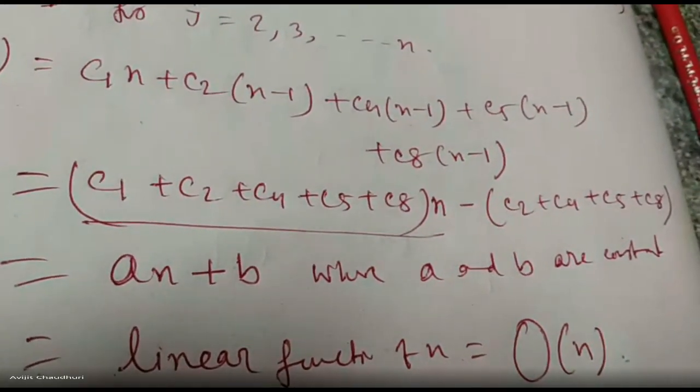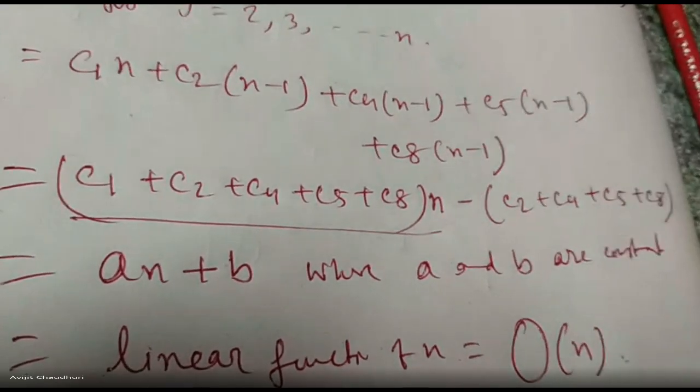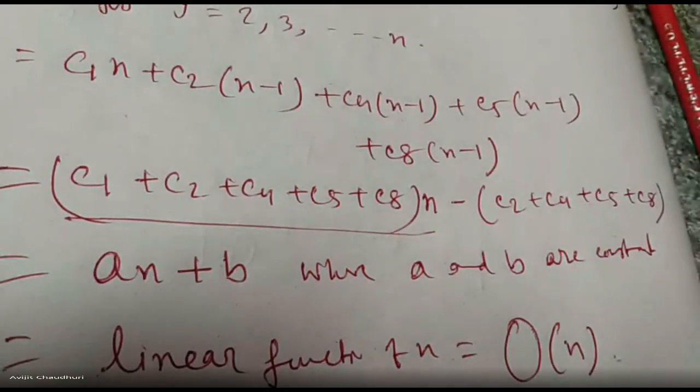In the second line, C1 into n. Why C1? C1 already we have taken C1 into n. This is simple algebraic notation, into n. So why will this be there in minus? Okay, got it. Sorry, sir, we are taking the coefficient of n.